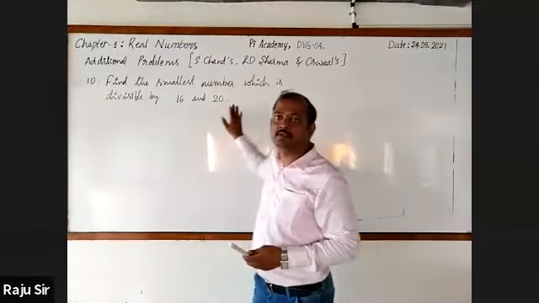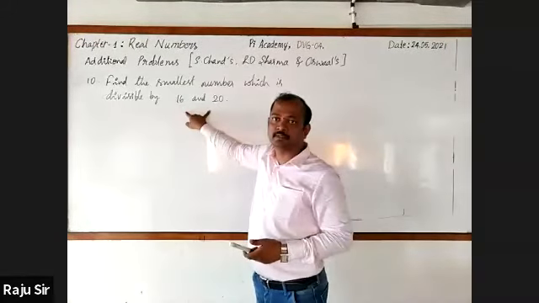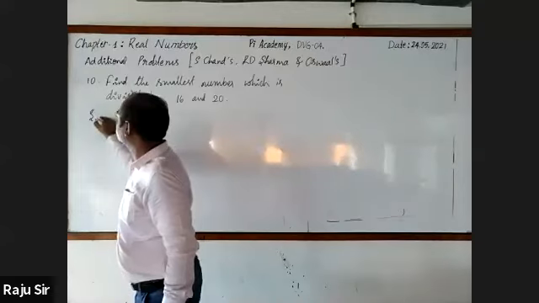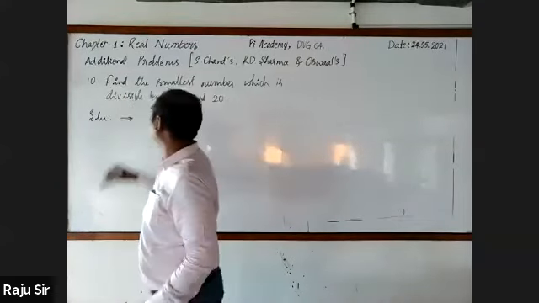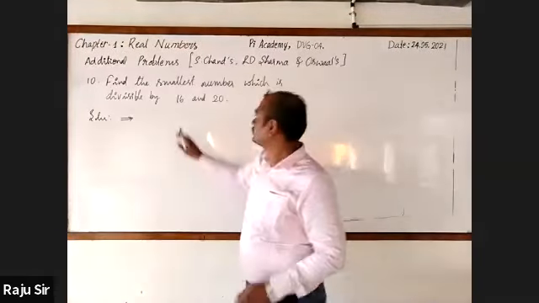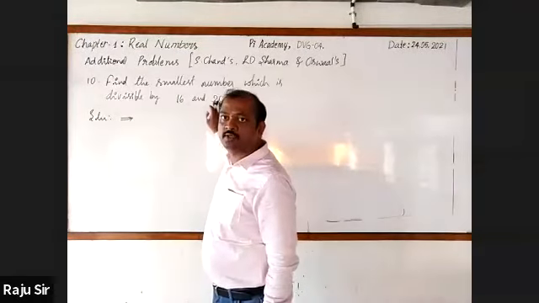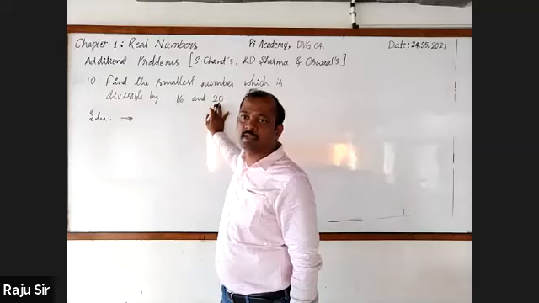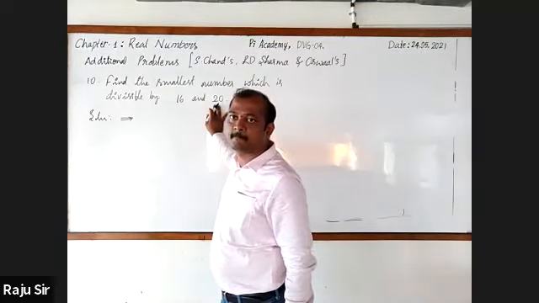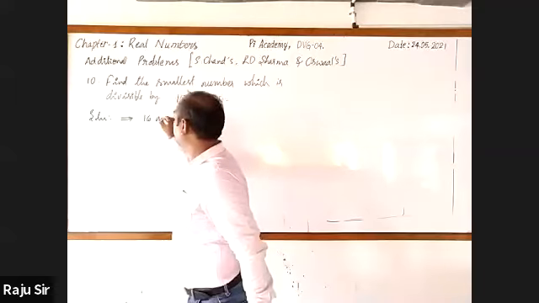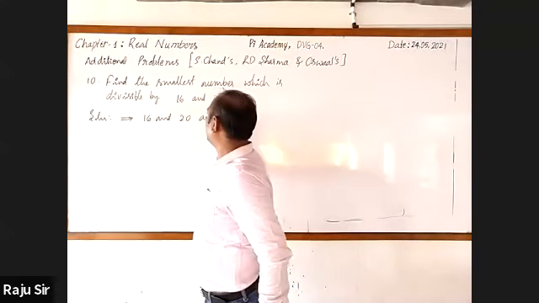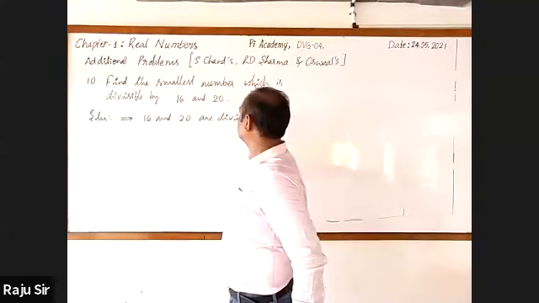Hence, we should find out the LCM of these two numbers. Right. Solution. So these two, whether these two are dividends or divisors. Divisors, sir. Right. 16 and 20 are divisors.